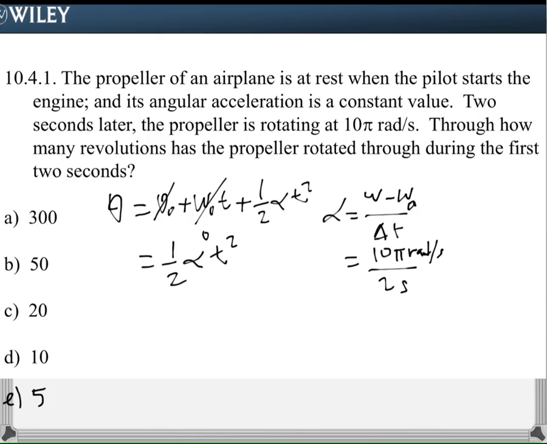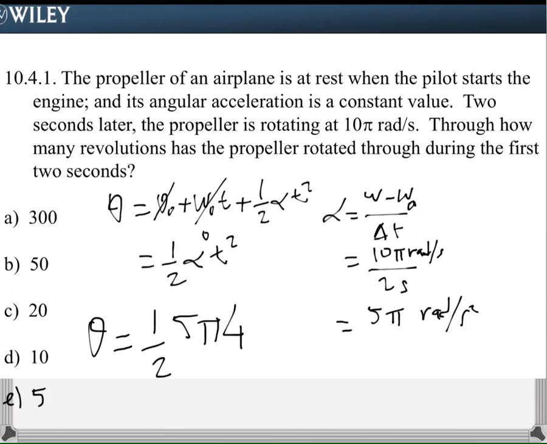Right? So what is alpha? 5 pi radian per second square. So you can find theta now. Theta is equal to 1/2 alpha, 5 pi, times t square, what is t? 2, so 4. So theta is equal to 10 pi. How many revolutions is 10 pi? 5 revolutions. That will be the answer.